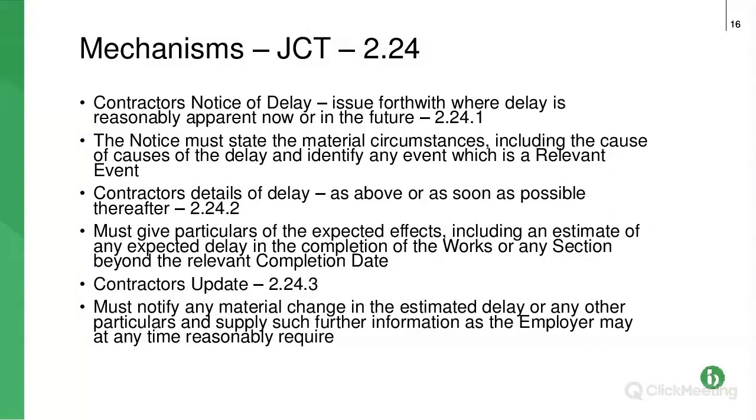Now this is important to you contractors and subcontractors, because this is what your notices need to say when you're claiming for delay. So it's for the time limit, you've got to give the notice within X days. You'll see for the first one it's forthwith, so immediately the delay becomes apparent.